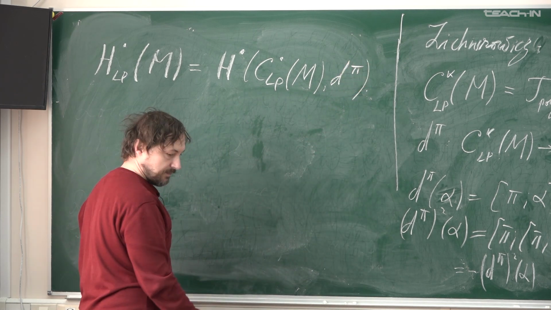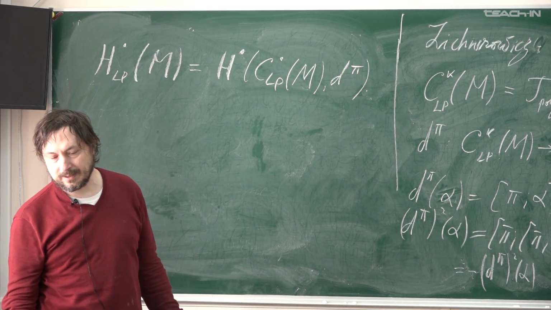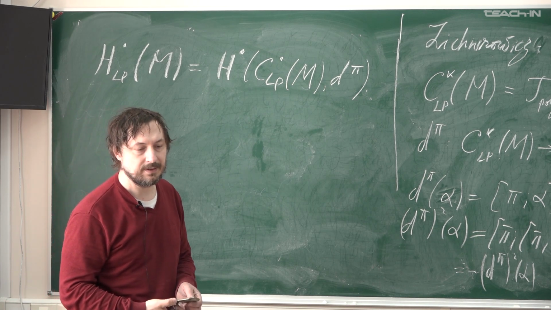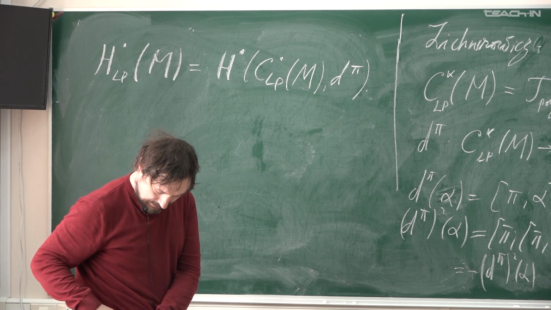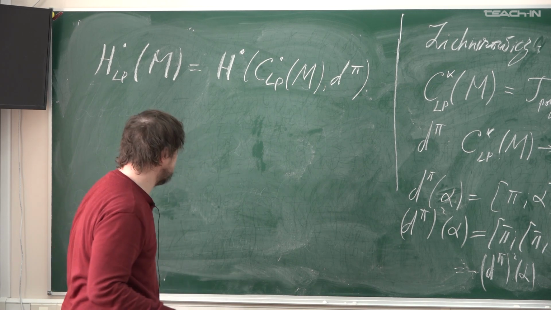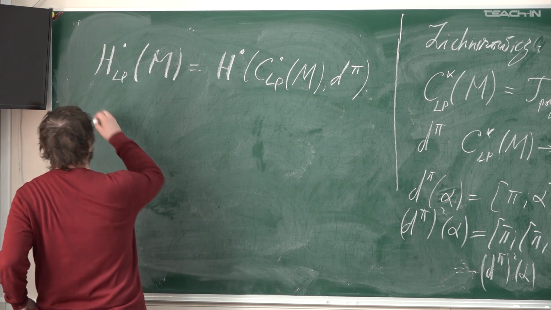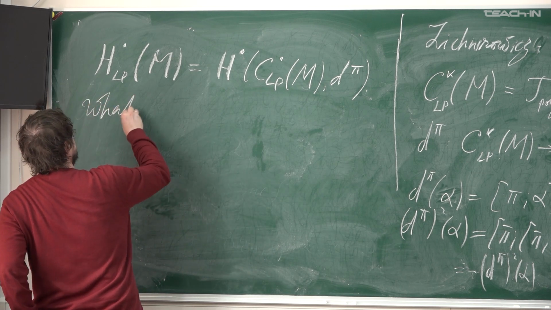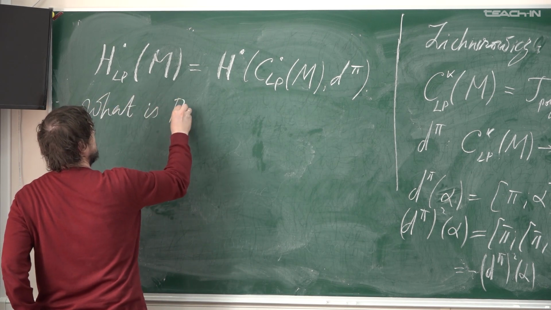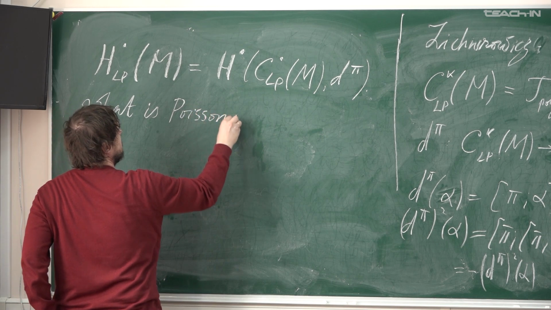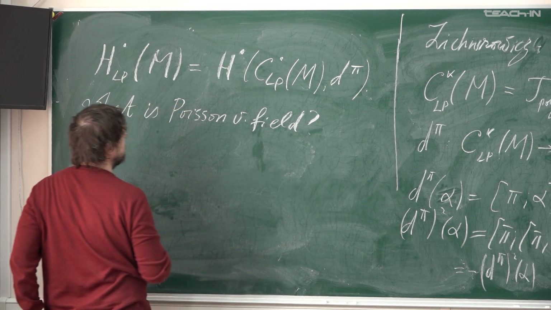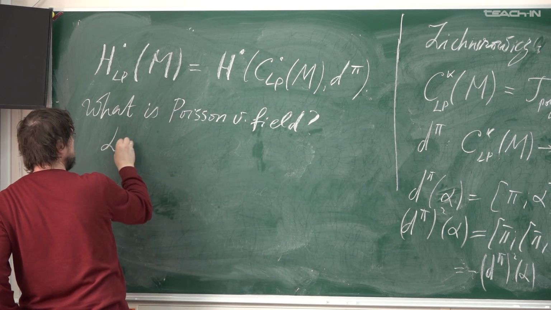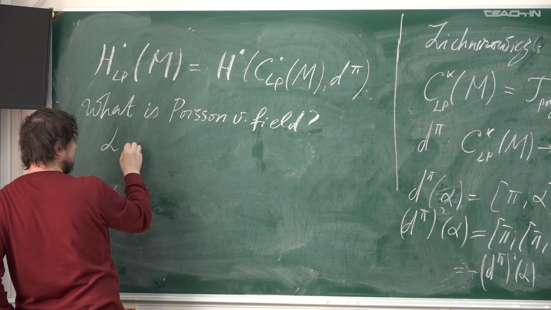Then the discussion concerning Hamilton vector fields and Poisson vector fields can be now written as follows. So what is a Poisson vector field? It is the vector field for which I have this identity.